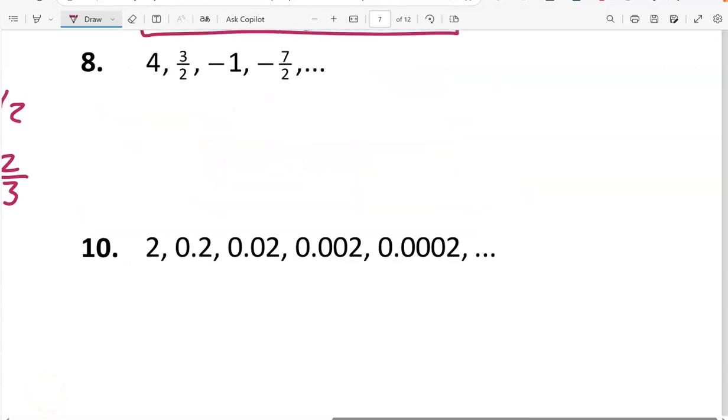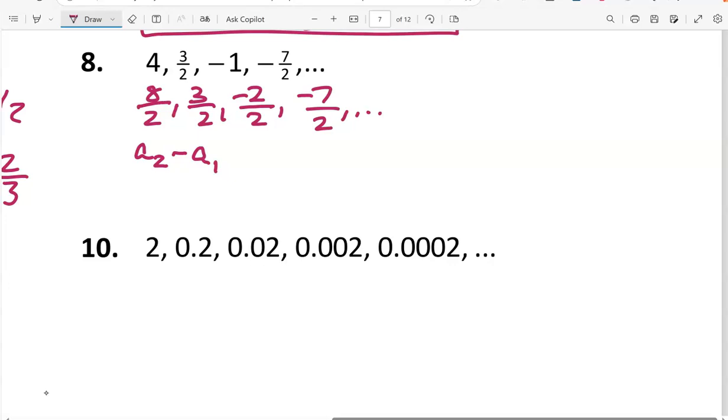In number 8, it may be more obvious if we give each of these numbers a common denominator. So 4 is equivalent to 8 halves, 3 halves, and negative 1 is equivalent to negative 2 halves, and then negative 7 halves is our next term. At this point, it may become more obvious that there is a common difference.